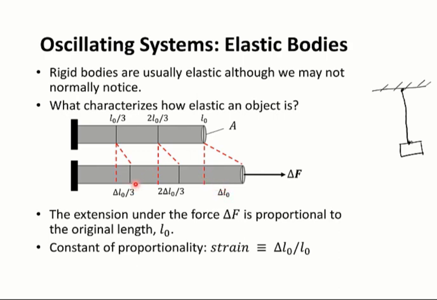But instead of these deformations, you can see that this ratio, delta L0 divided by L0, is applicable to all 3 cases, right? So you see, if you divide this deformation by this initial length, this deformation by this initial length, and this deformation by this initial length, you always get this quantity, delta L0 over L0. This is what we call the strain.